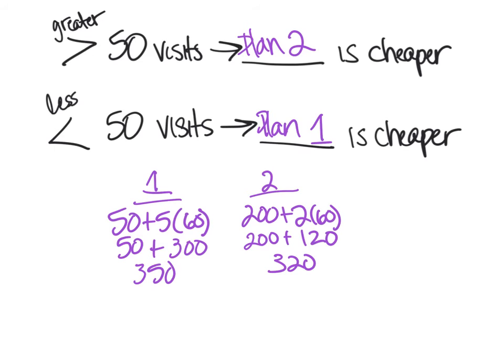Okay, here's why this matters. Because if you decide to go with Plan 2, and you're going to give them $200, that means that you better go more than 50 times. And if you don't go more than 50 times to the gym, it wasn't worth it to you, and you wasted your money.